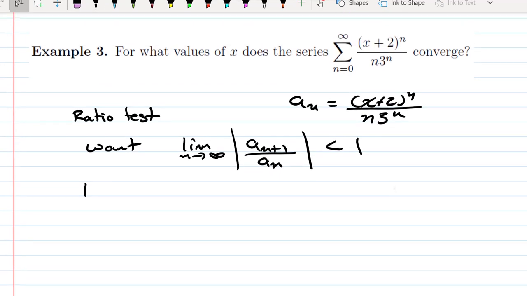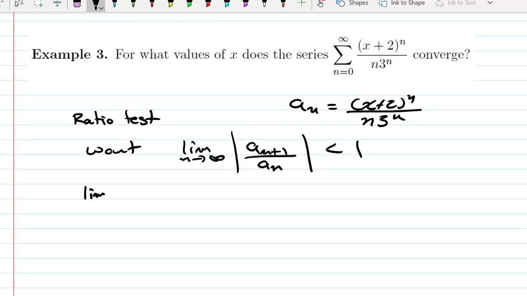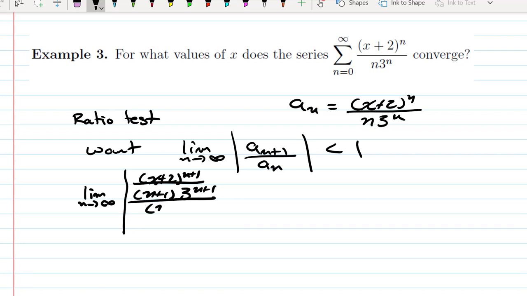So we start writing this out. We take our limit as n goes to infinity. A sub n plus 1 is going to be (x plus 2) to the n plus 1 all over (n plus 1) times 3 to the n plus 1, divided by a sub n, which is just (x plus 2) to the n all over n times 3 to the n.